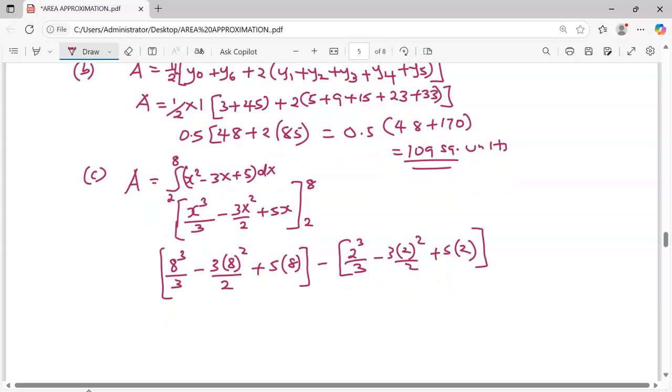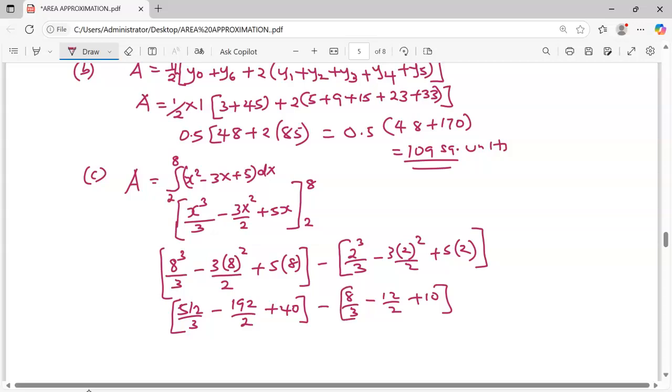8 cubed is 512 divided by 3 minus 8 squared is 64 times 3, you get 192, divided by 2 plus 40, minus, we are going to have 8 over 3 minus 12 over 2 plus 10.